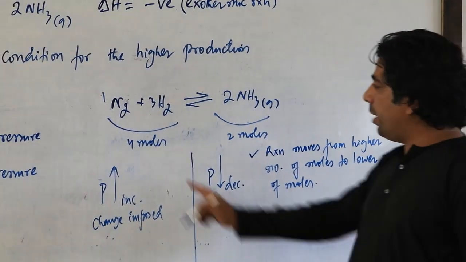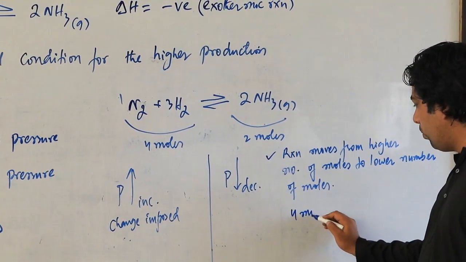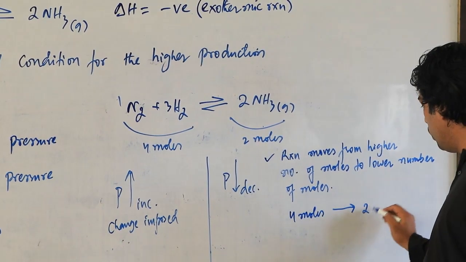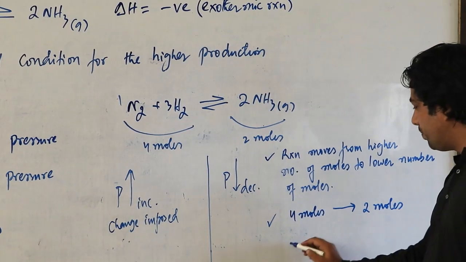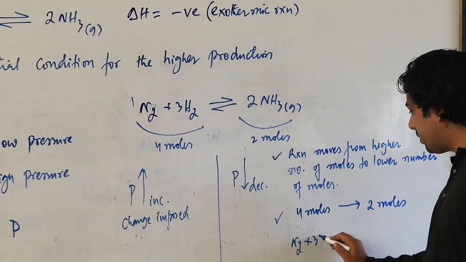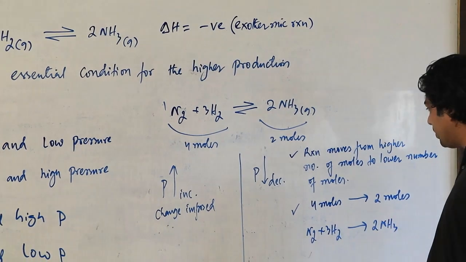Higher number of moles, we have 4 moles to 2 moles. That means the reaction will move from 4 moles to 2 moles. It means the reaction will move from N2 plus 3 times H2 to 2 times NH3, my dear friends.